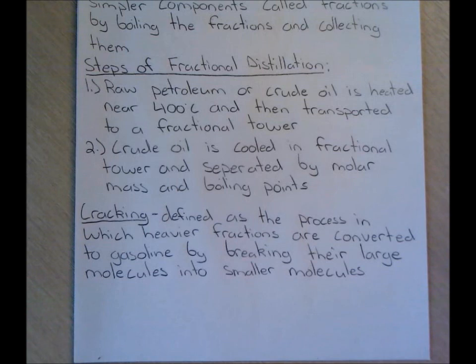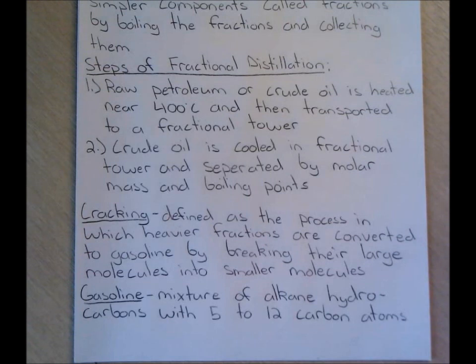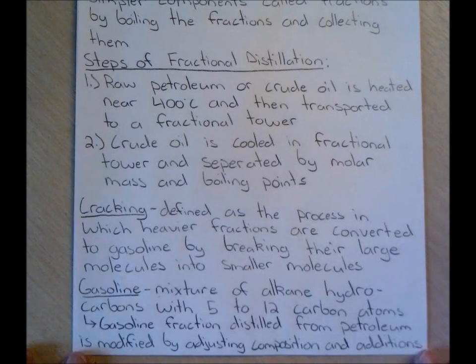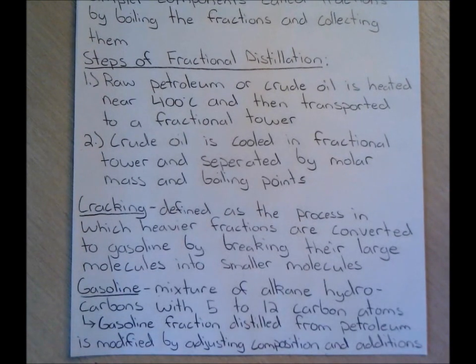The gasoline fractions that we get from cracking are distilled from petroleum, and then modified in a way that adjusts their composition and adds some substances to them. So we get the gasoline from the cracking process of our crude oil, and then they take that product, modify it, and add some things to it to produce that mixture of gasoline.